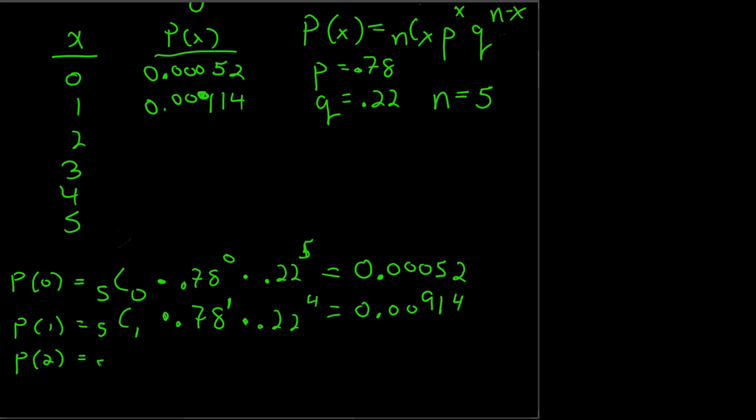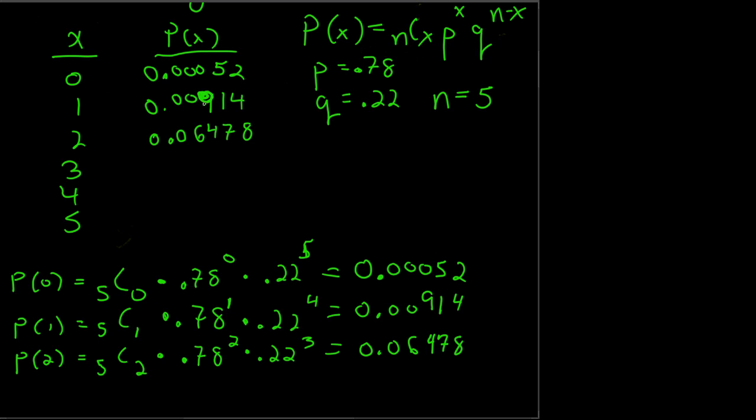All right, and so I'll continue with 2. So I hit the up arrow on the calculator, and I go back in and I change my values to match. And that's the same methodology that we had from problem number 4. 2, and 3. And now we have 0.06478.